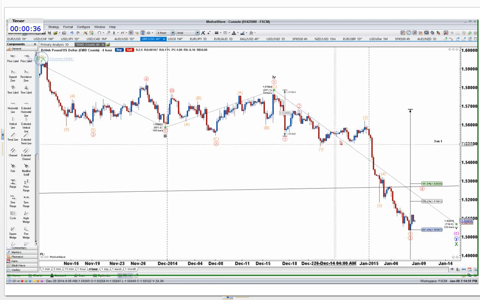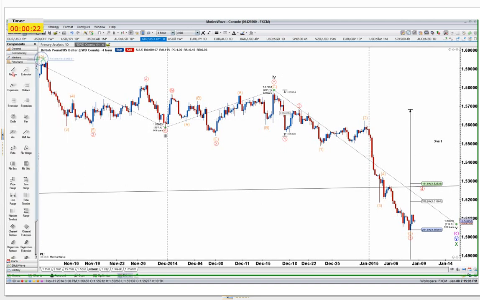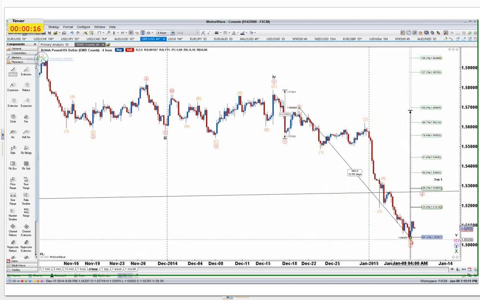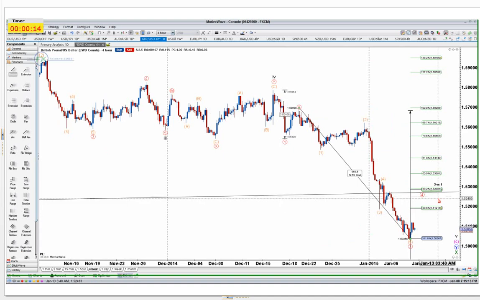And what size correction? Well, then we would have to run our Fibonacci tool and measure the last swing move from the wave 2 to the wave 3, assuming that it ends, and the 38.2 would take us up to 152.88. So that would be our best guess for that.